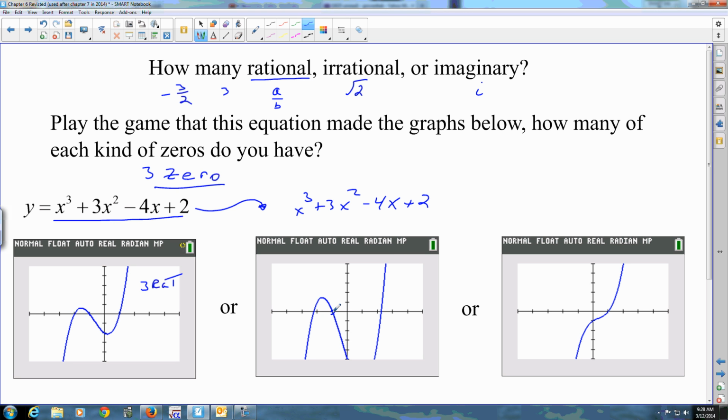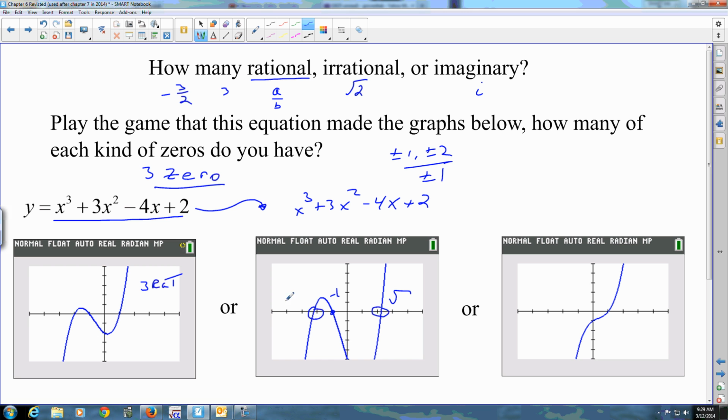So I've got -1 and then 2 fractions. Now if I set up the rational zero theorem on this, I've got plus or minus 1, plus or minus 2, over plus or minus 1. The only number that's working from that list is -1. I can't get any fractions from this. So these two have to be irrational.